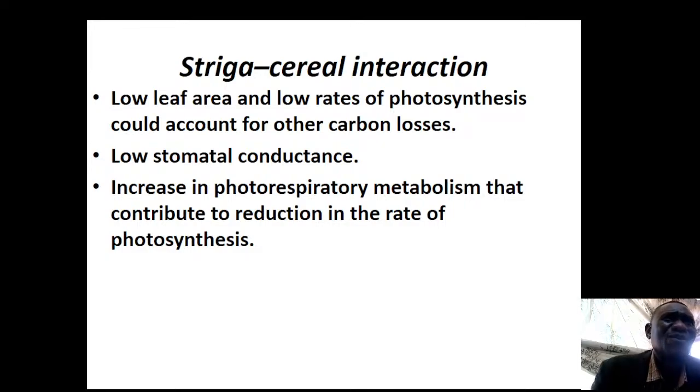Low stomatal conductance limits carbon dioxide entry, and probably increases photorespiration, which tends to destroy carbohydrates in cereals. This is the route which Striga asiatica or Striga species could be using to damage the cereals.